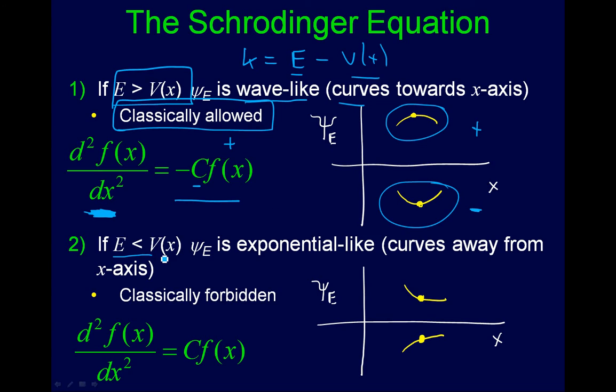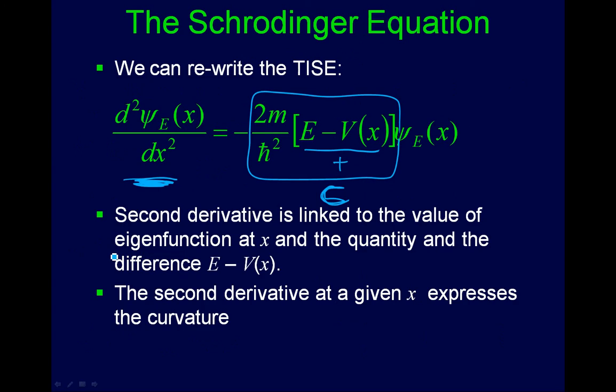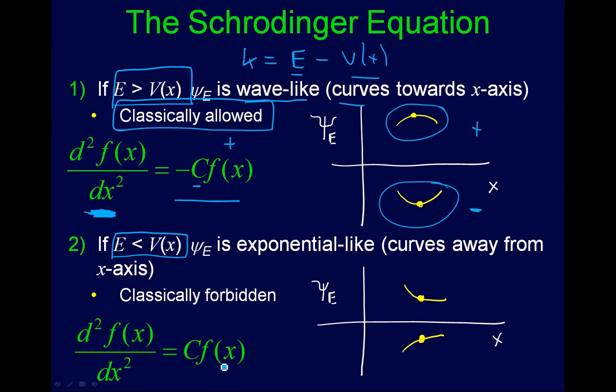Now over here, on the other side, when energy is less than my potential energy, that means we're going to have a negative in here, so negative times a negative equals a positive. And so I get this positive c. First of all, that's classically forbidden, so we'll talk about what this means quantum mechanically in a second, but this would not be allowed classically for the particle to be found here, because E minus V of x would be negative, a negative kinetic energy.